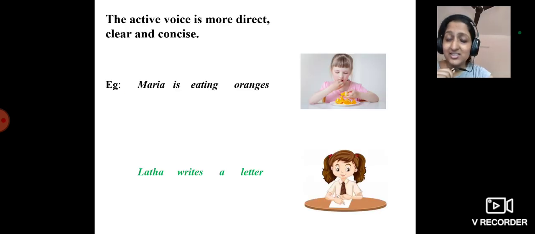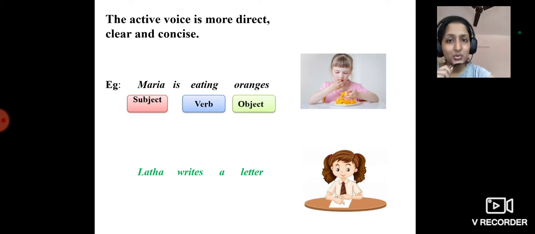Let's understand this topic and difference a little bit more. Okay. As said, the active voice is more direct, clear, and concise. For example, Maria is eating oranges, or Leda writes a letter. Here, Maria is the subject, eating is the verb, and of course, the object is oranges.